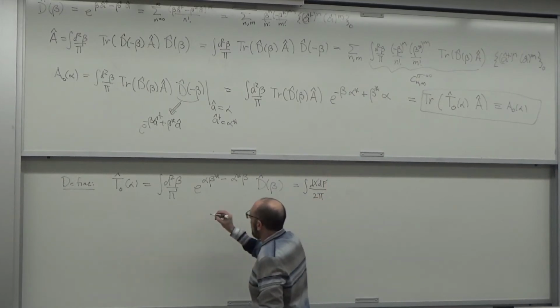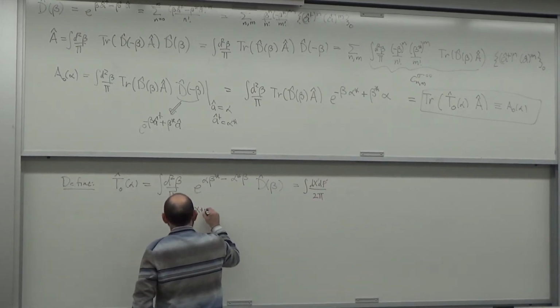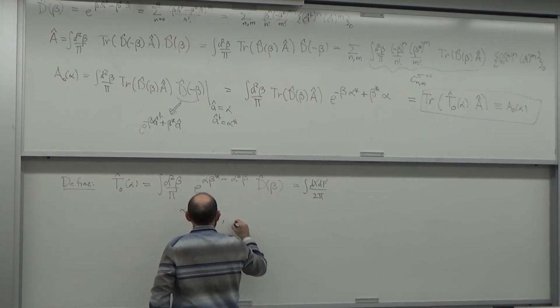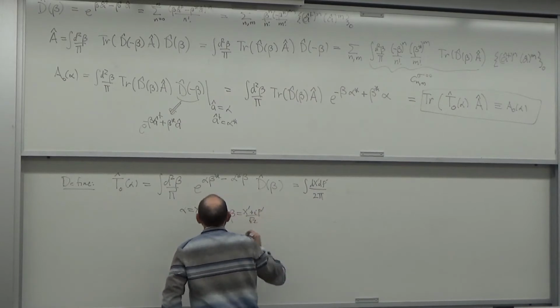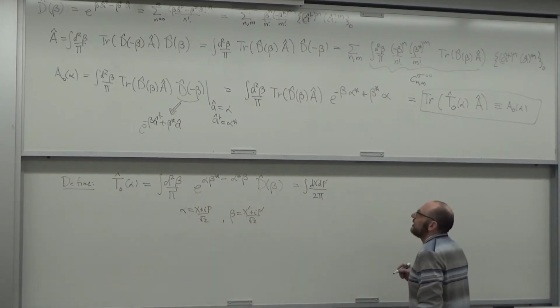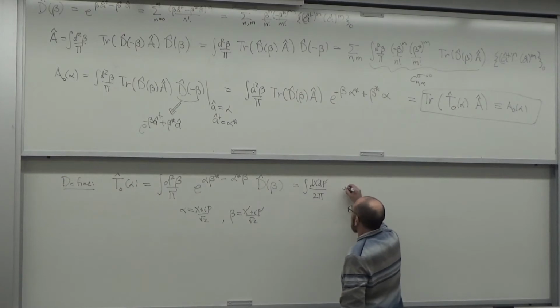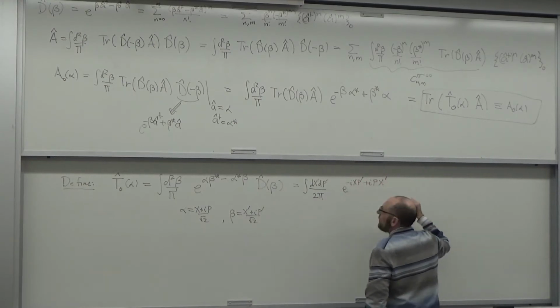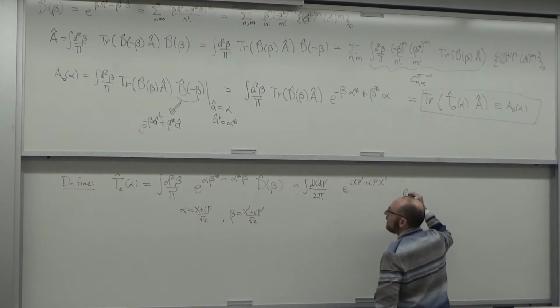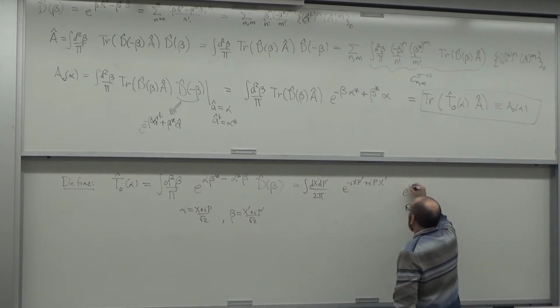Then I'll call alpha x plus ip over root 2 and beta x prime plus ip prime over root 2. So this then is equal to e to the minus i x p prime plus i p x prime, e to the minus, minus i.